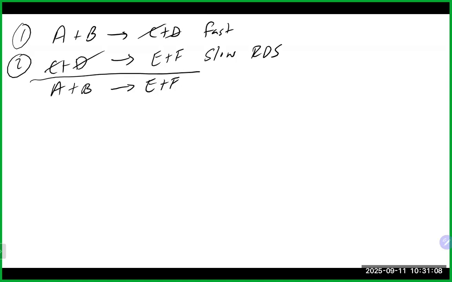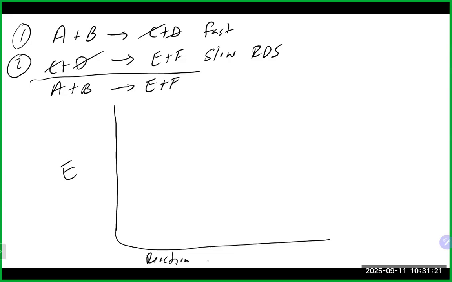So if we were thinking about energy diagrams like we saw earlier, we could draw an energy diagram, if you will. Reaction progress happening there. So we would start with our reactants, and those would be A plus B, right? And we know we would have an activation energy hill that has to be climbed to get to the other side.